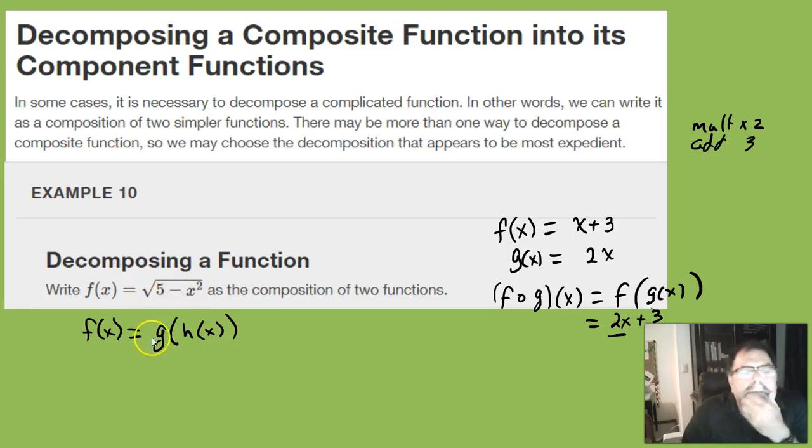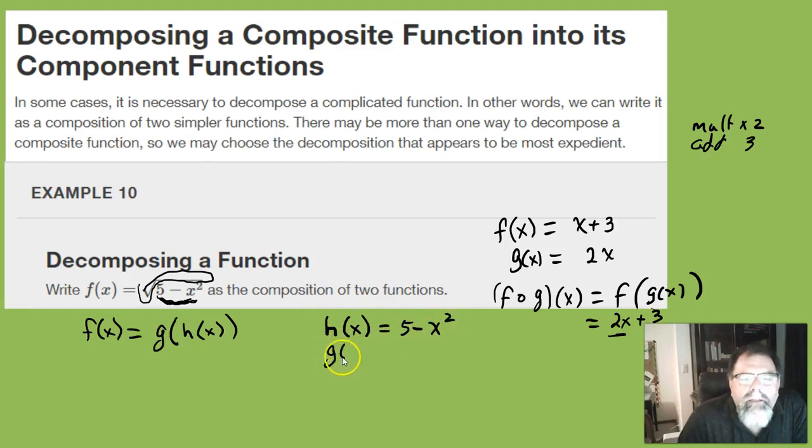So the square root's going to be my grouping symbol, and then what's inside that is going to be the inside function. So that'll be my h of x. We're going to let h of x be the 5 minus x squared, and then we're going to let the g of x be, now here's what I tell my students, we're going backwards.